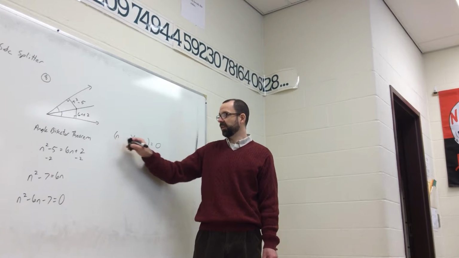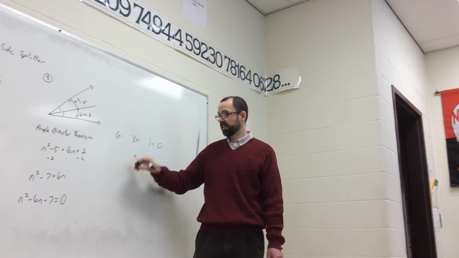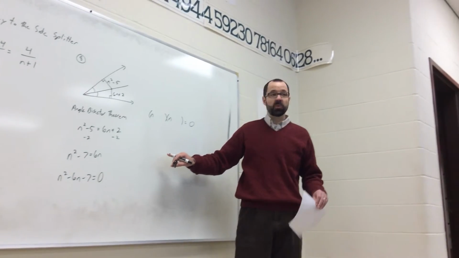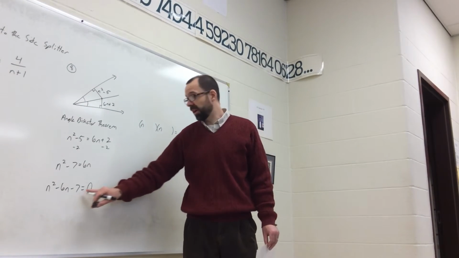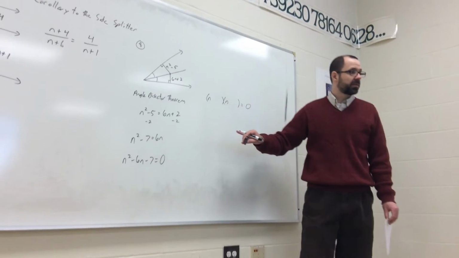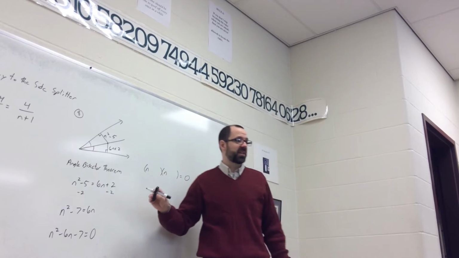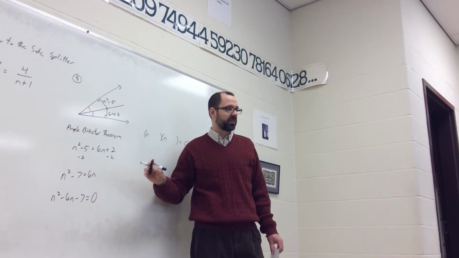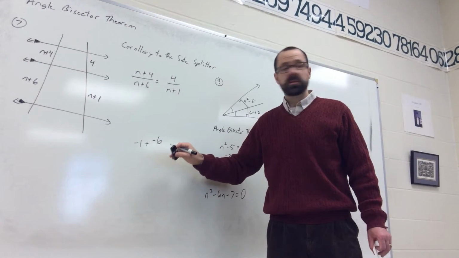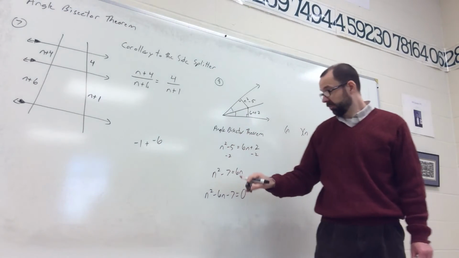So you put an n here and an n here, because n times n is n squared. And then we're looking for two numbers that multiply to be negative 7. That's close, except that adds to be negative 7. You're thinking good, though. If you took negative 1 plus negative 6, that would be negative 7.